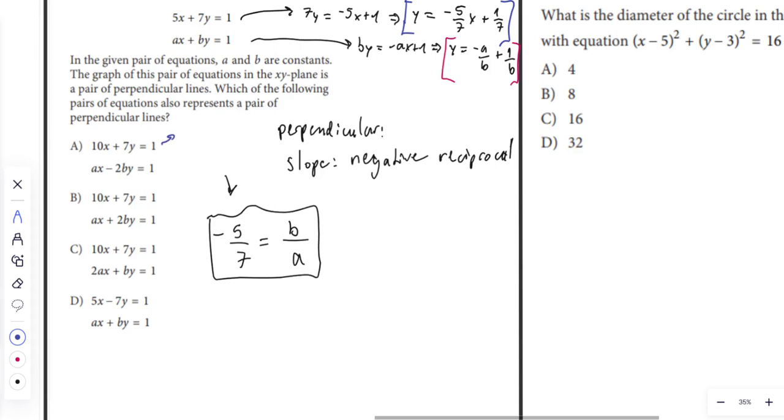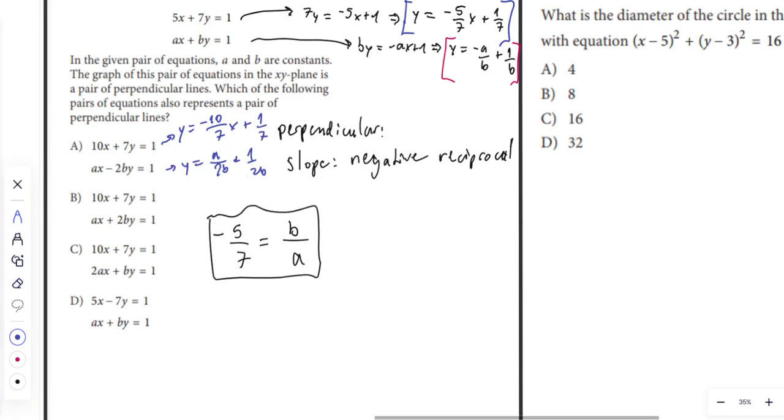So this one, for example, would be y equals negative 10 over 7x plus 1 over 7. This would be y equals a over 2b x plus 1 over 2b.